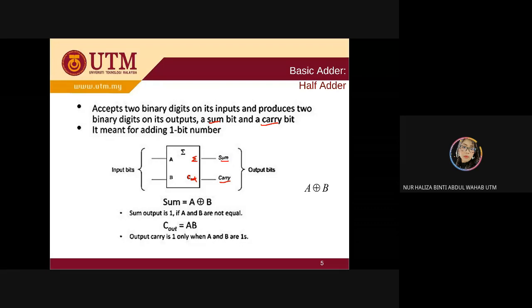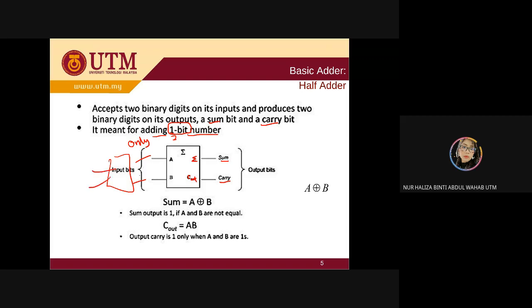What else? You need to know that half adder only adding one bit number. So one bit number, if you have 2 bit, maybe you need to have another one and connect them together.